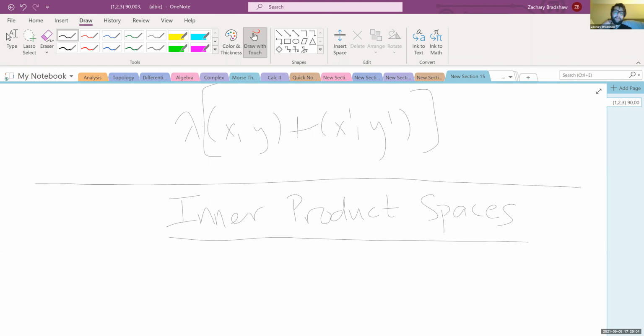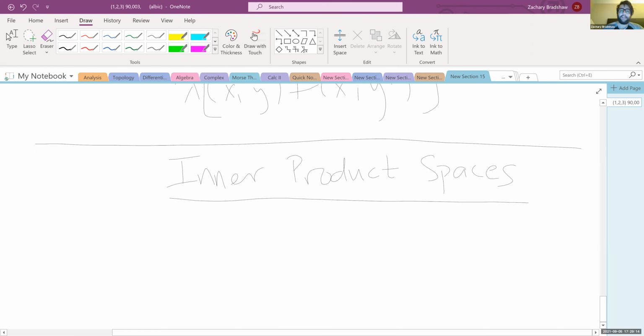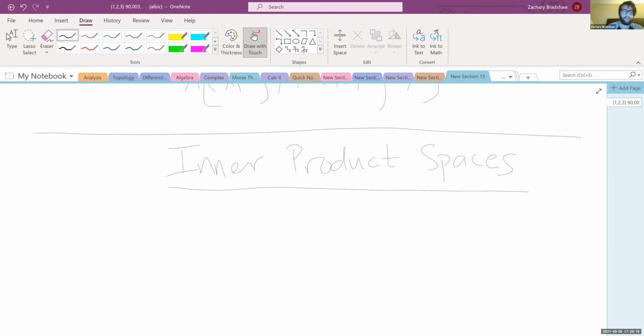So I just said in a vector space, you can do pretty much anything you would want to do, except multiply two vectors. You need more structure for that. So let V be a vector space.